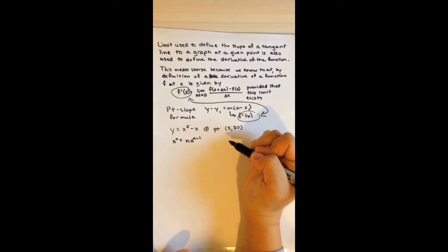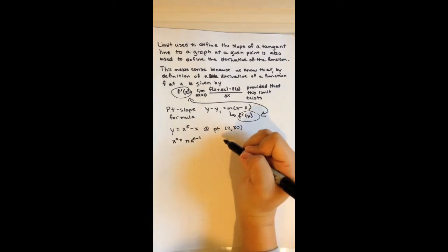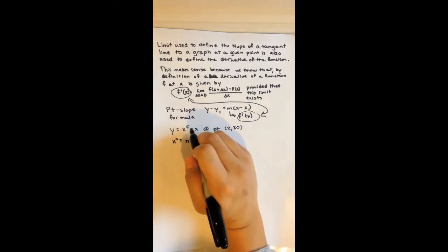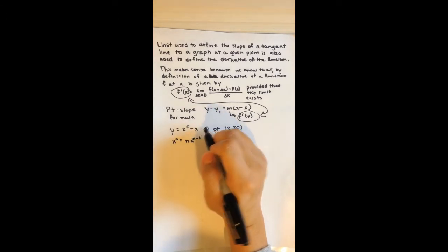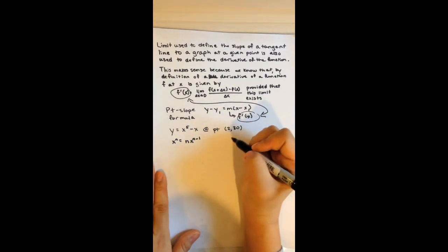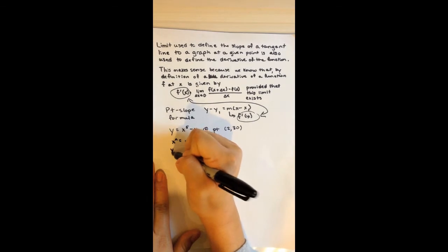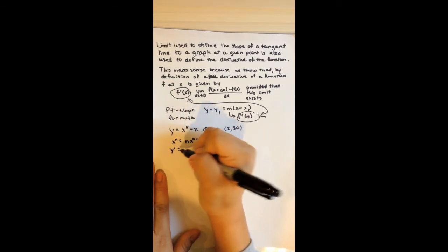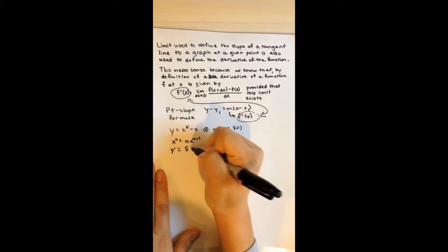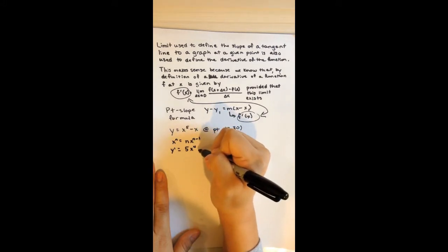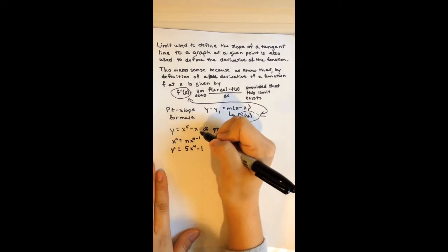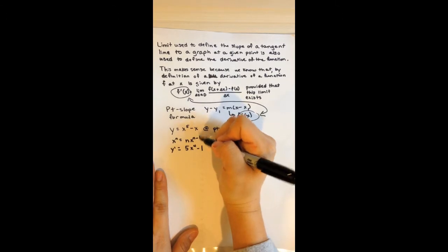And also, we know the rule that the derivative of the sum of two things, such as x to the fifth and negative x, is the sum of its derivatives. So we can say that y prime, or the derivative of this function, is going to be 5x to the fourth minus 1, because the derivative of just x is going to be 1.